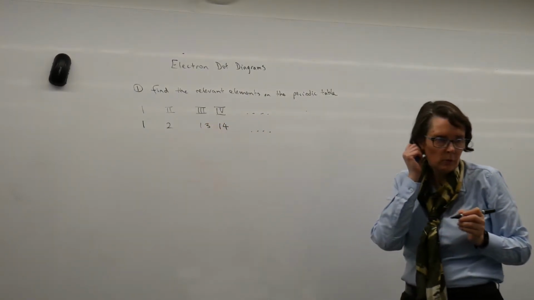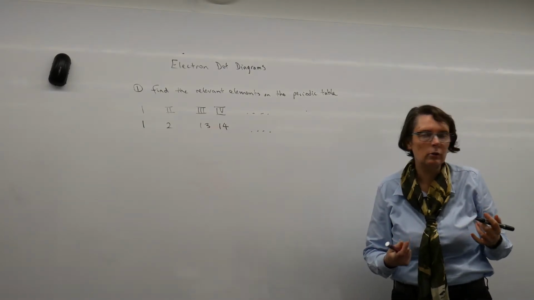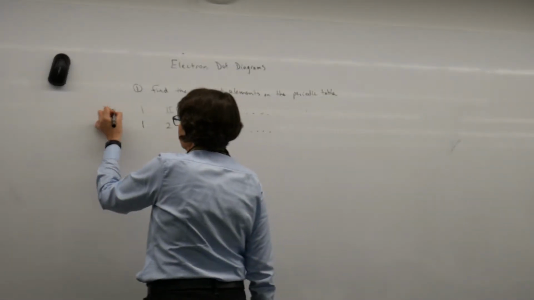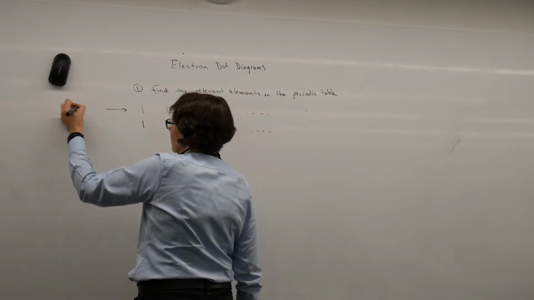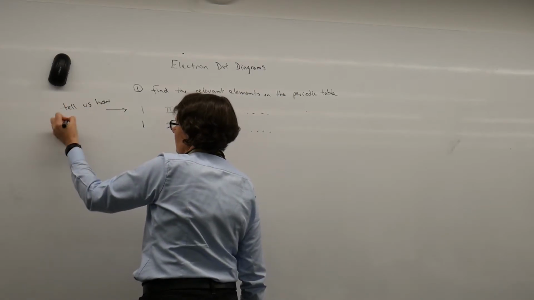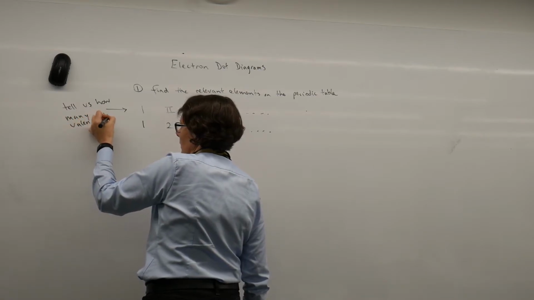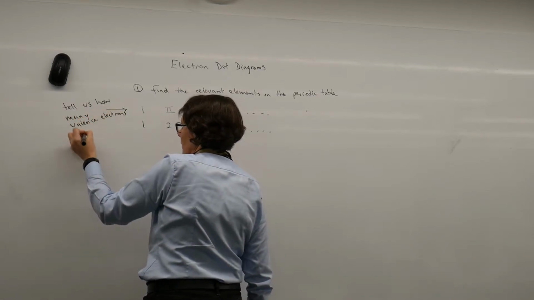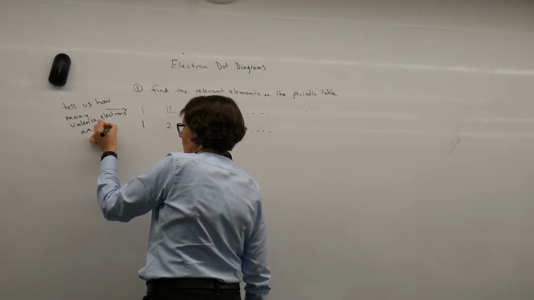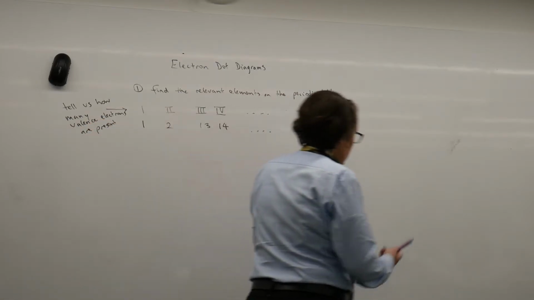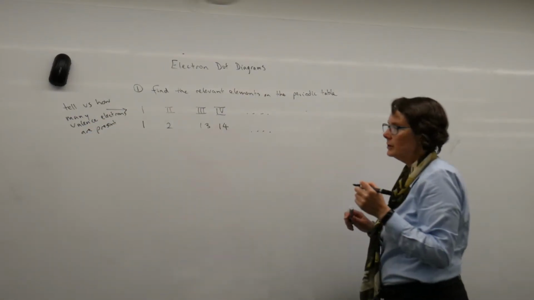But the Roman numerals tell us how many valence electrons there are. So you might want to be looking at those ones.